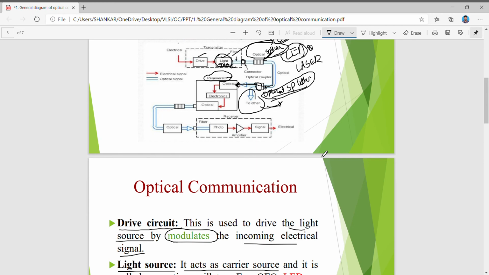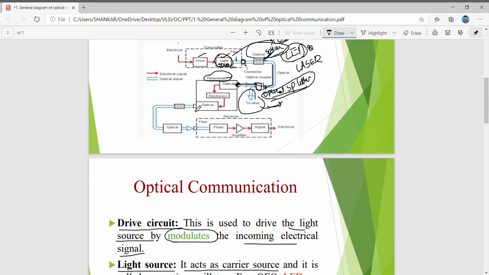In this electronic block we use the regenerator and reshaping circuit in order to regenerate the original signal, and then again apply it to the optical transmitter here.